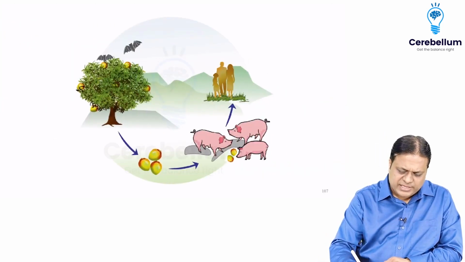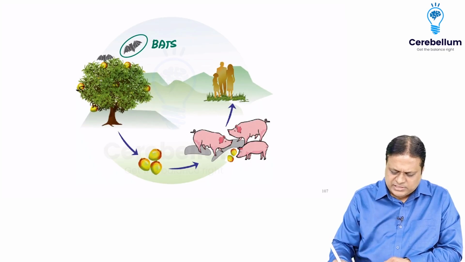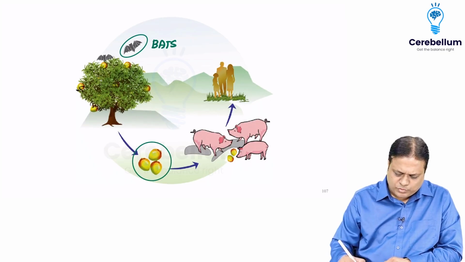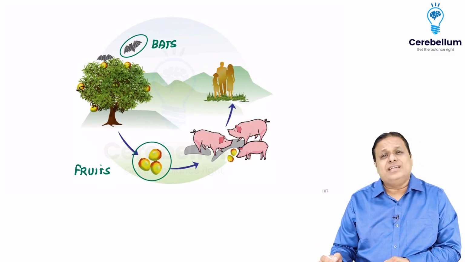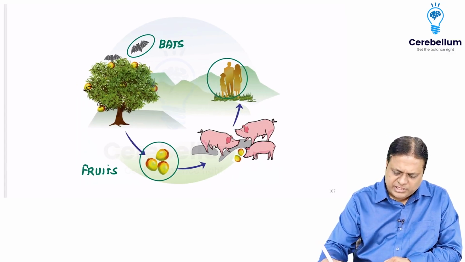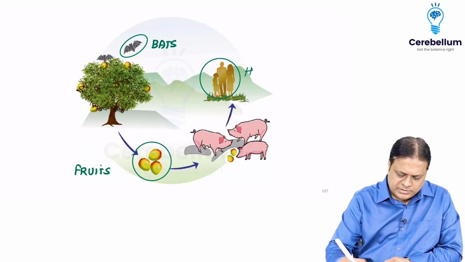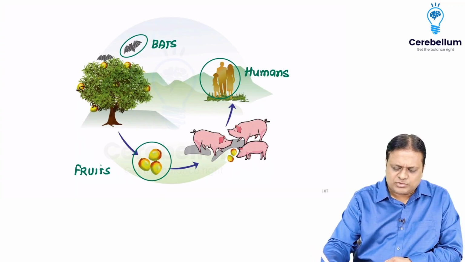This is, you can see here, bats. You can see here fruits, and these bat eaten fruits contaminated with bat secretions are reaching humans. So the disease we are talking of, consumption of bat eaten fruits.